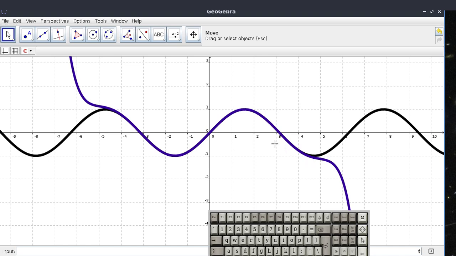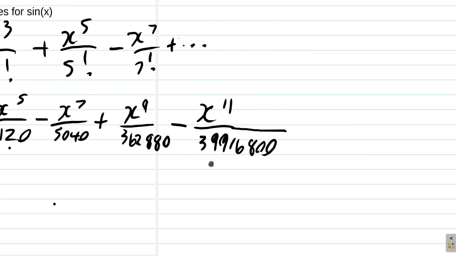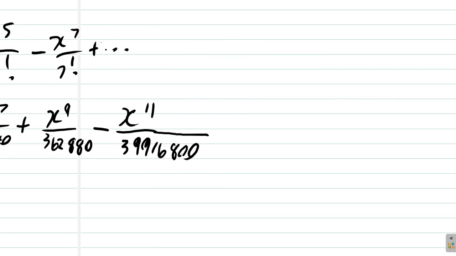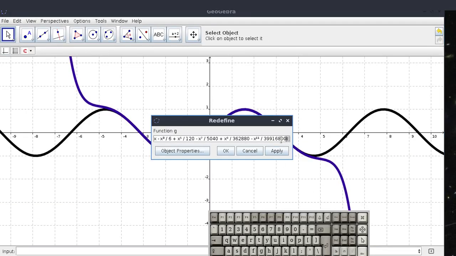So, as you see, it's converging more and more with the original sine x. The next term would be what? It would be plus x to the 13 over 13 factorial. So let's make an adjustment.